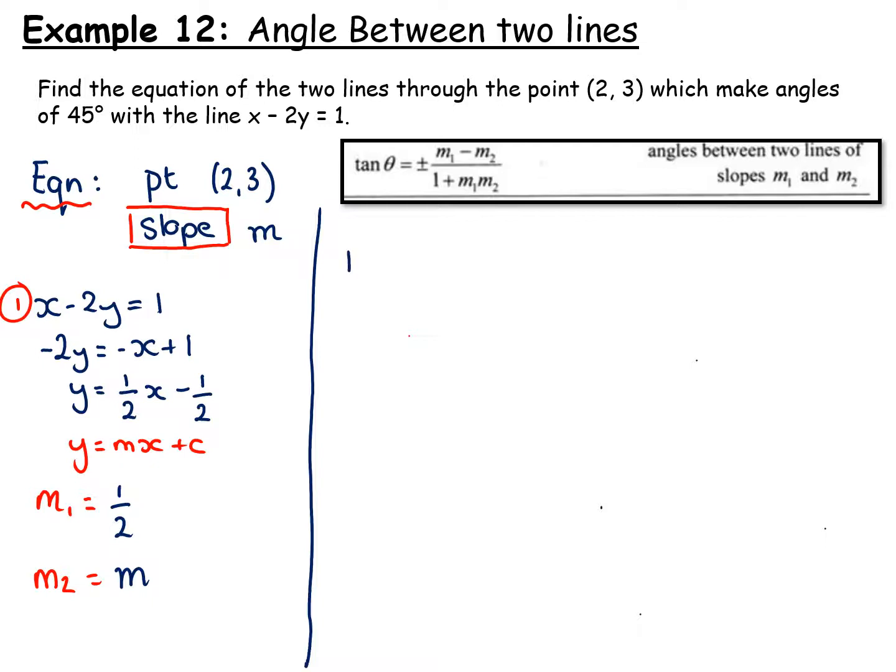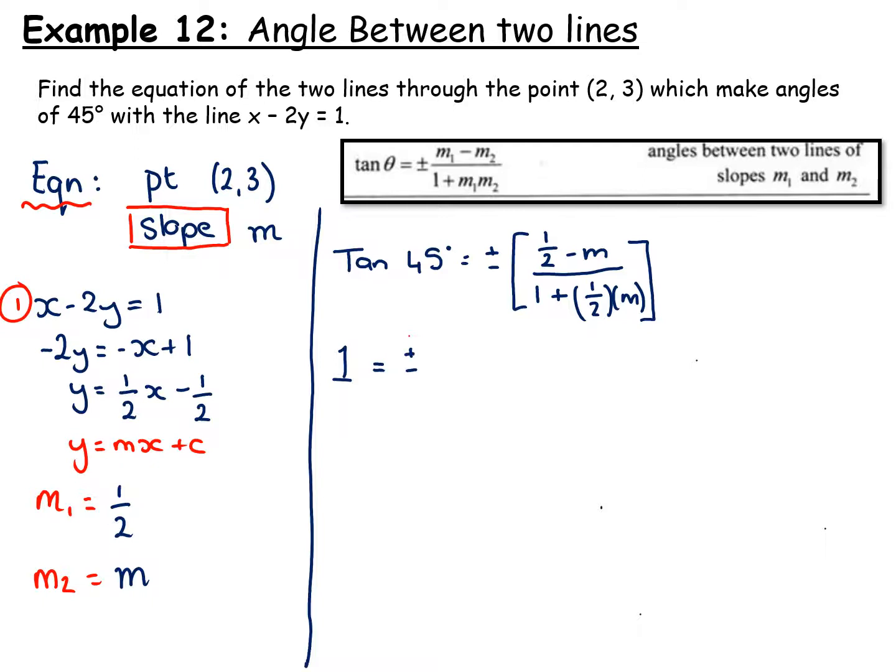We know theta is 45, so we say the tan of 45 degrees is equal to plus or minus, and we have m1, which is a half, minus m2 over 1 plus m1 times m2, so a half times m. Now, tan of 45 is 1, so 1 is equal to plus or minus.